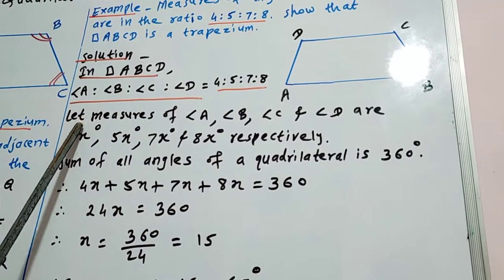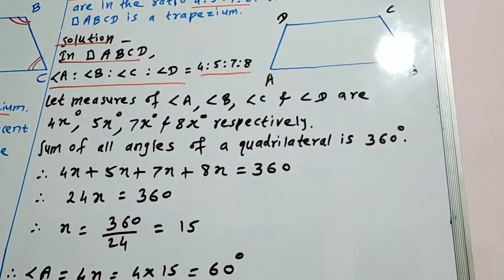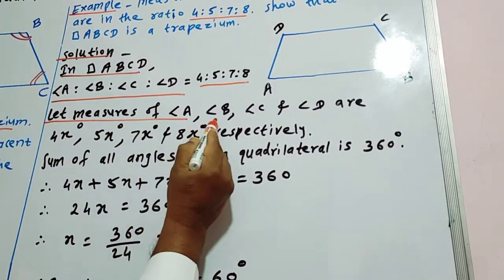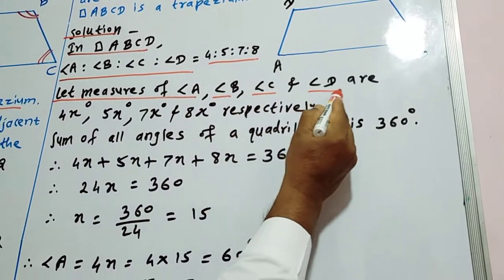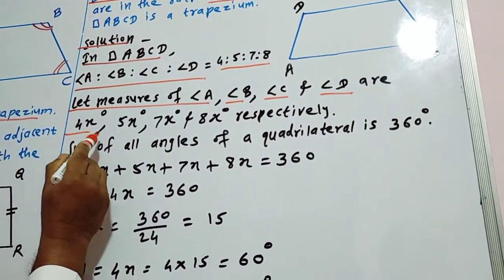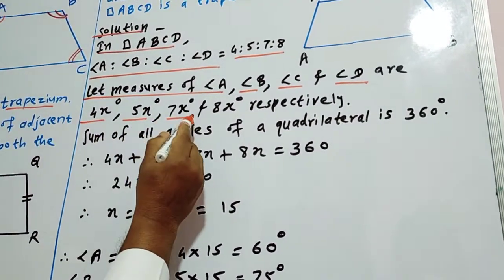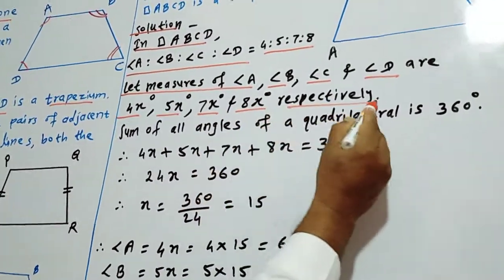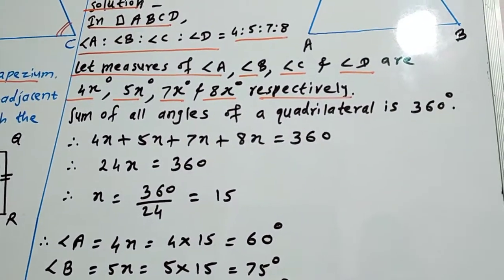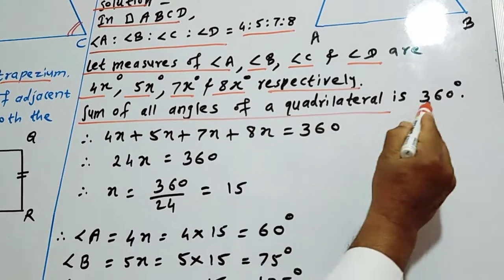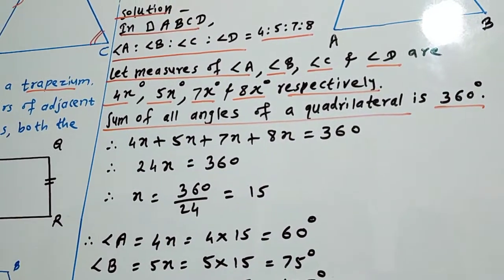Then we have to suppose their measures. Let the measures of angle A, angle B, angle C and angle D be 4x degrees, 5x degrees, 7x degrees and 8x degrees respectively. Now we know the sum of all angles of a quadrilateral is 360 degrees.